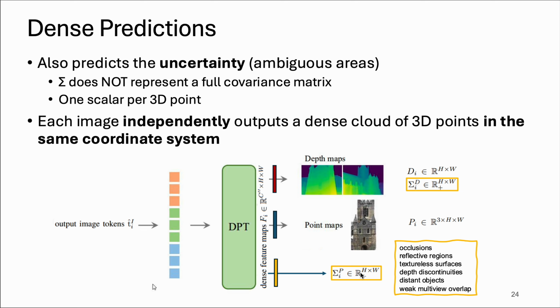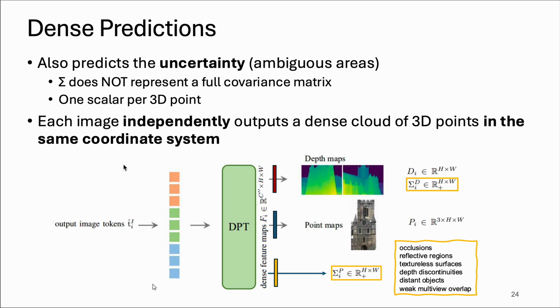To represent the uncertainty of a 3D point, we normally need a 3 by 3 covariance matrix, but now the uncertainty is only represented as one scalar. This uncertainty basically indicates regions like occlusions, reflective regions, textured surfaces, these kinds of difficult regions in the image, to indicate how reliable our 3D point estimate is.